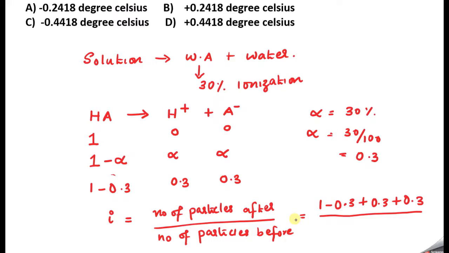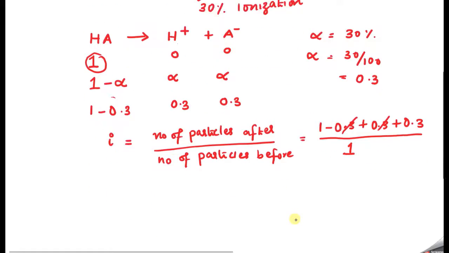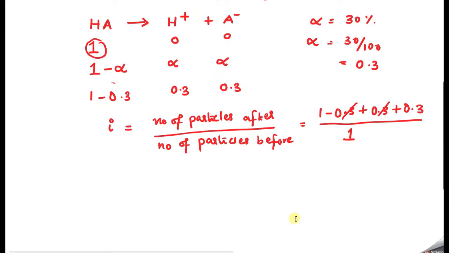Initially you have taken only 1 mole, so I can substitute 1 here. If you calculate this value, the alpha terms cancel off, and you will get 1 plus 0.3. So I can say the i value that is calculated here is 1.3.